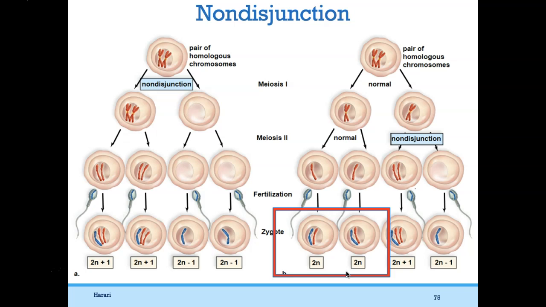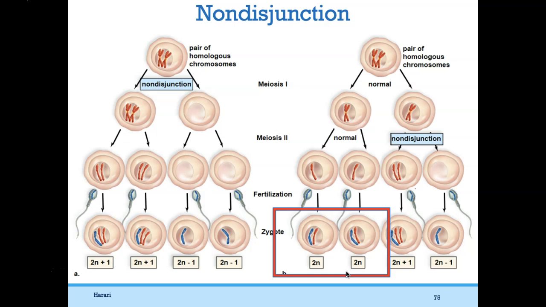So again, non-disjunction is usually lethal, right? Because in animals, monosomies and trisomies are usually lethal. And that means that there would be either a miscarriage or you would never even know that the woman was pregnant to begin with. In general, a trisomic individual is more likely to survive than a monosomic one.